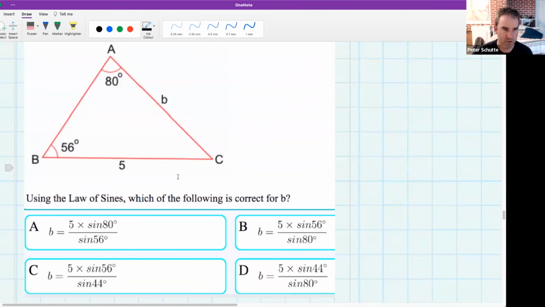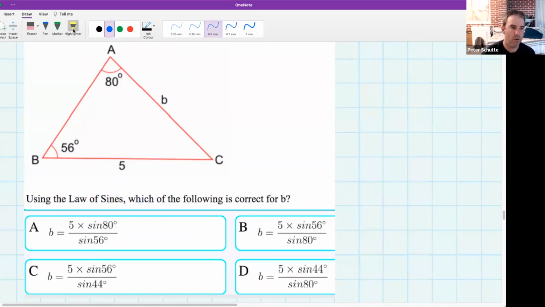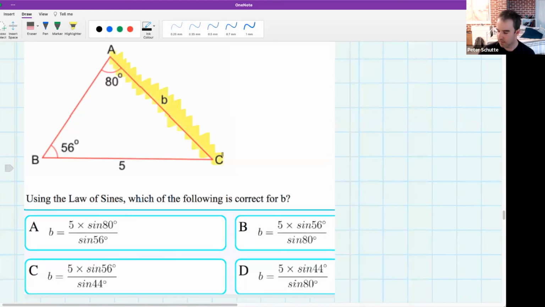Let's do a multiple choice one. Which of these 4 options is going to give you the length of the side B?